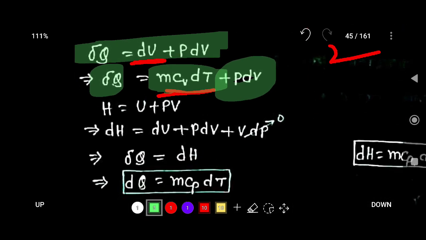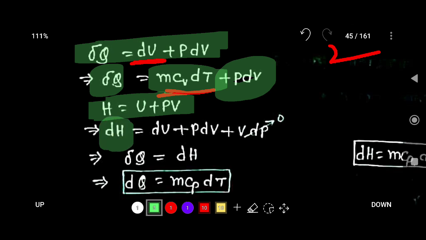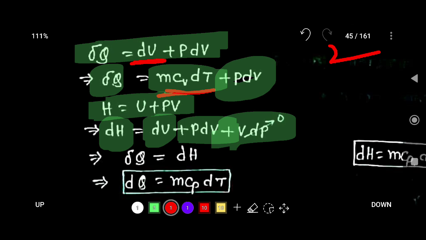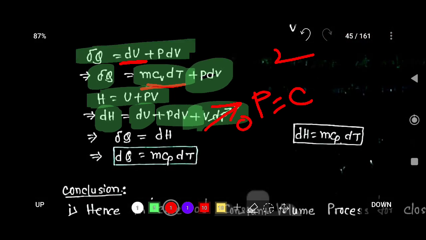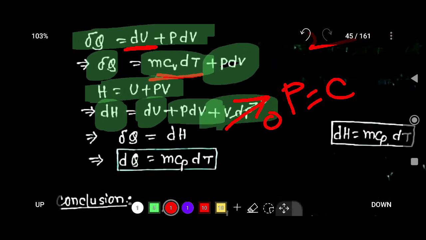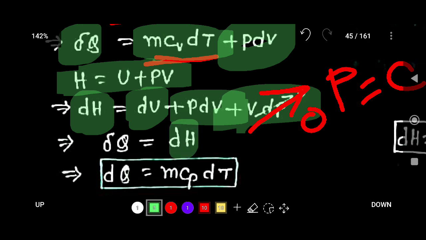We know that h is equal to u plus pv. From here you can say that dh is equal to du plus pdv plus vdp. Pressure is constant, so the vdp term will be 0. So du plus pdv is basically dh. From this equation, del q is equal to du plus pdv, which is dh.